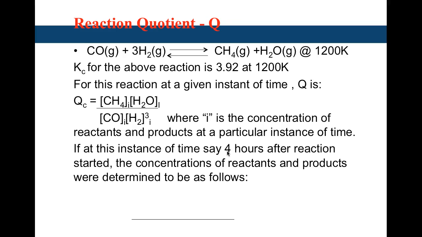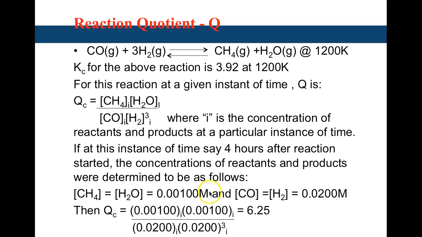So you're going to be checking what those concentrations are at the 4-hour mark. You know the equilibrium constant, it has been previously tabulated that at 1200 K it should be 3.92. Then what you do is you take all the concentrations of reactants and products, measure them, and then plug them into the Qc expression.